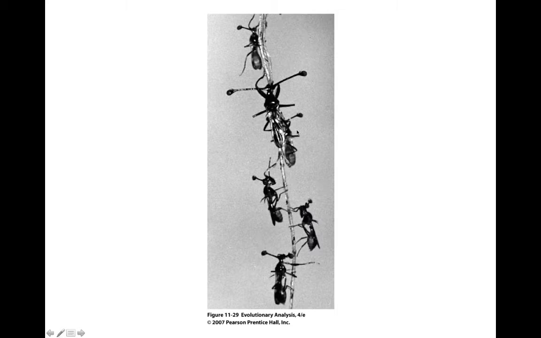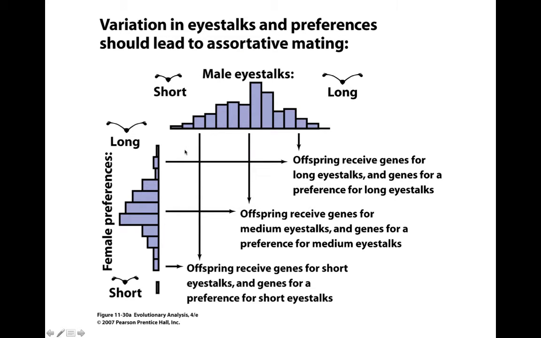So I want to come back to these stalk-eyed flies, using an image from the other textbook, from Freeman and Heron. What happens is female preference ends up correlated with the ornament. Females that prefer longer eye stalks also have male offspring that have longer eye stalks.